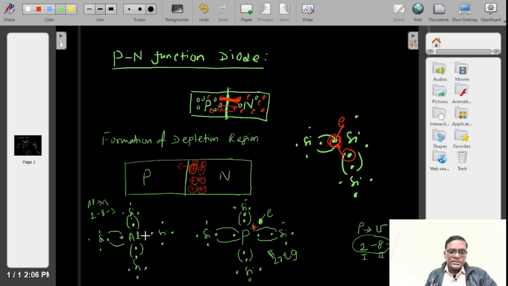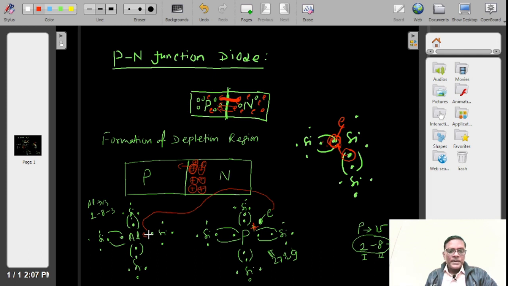But at this place there are no charge carriers available for forming a covalent bond, and the aluminum will fulfill its outermost orbit, that is the octet, by having 8 electrons in the outermost orbit. So this aluminum will have the tendency to take one electron. The electron which is released from the phosphorus atom will be accepted at this level here.